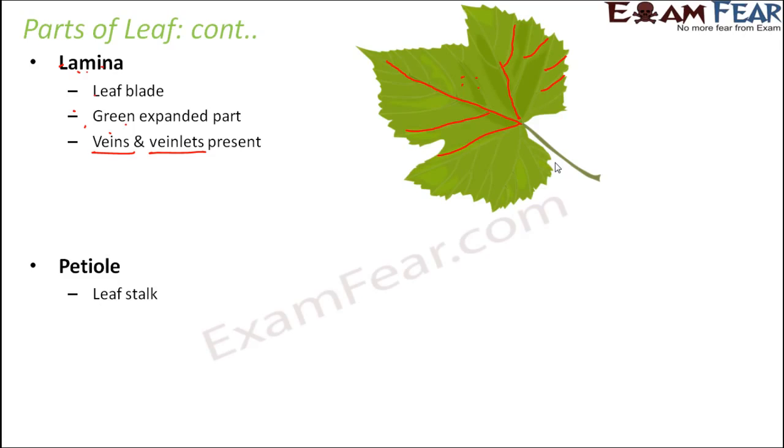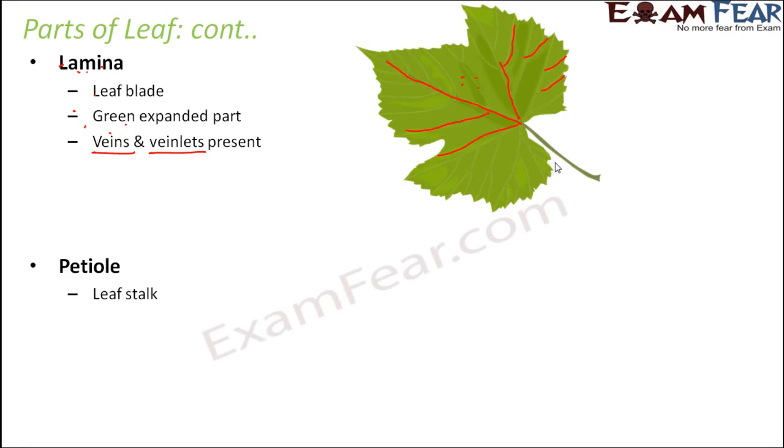However, if a leaf has a long thin petiole, it allows the leaf blade to flutter in wind. You would have seen that when air blows or when there is wind blowing, the leaves keep moving, right? Why does that happen? That's because of that long petiole.